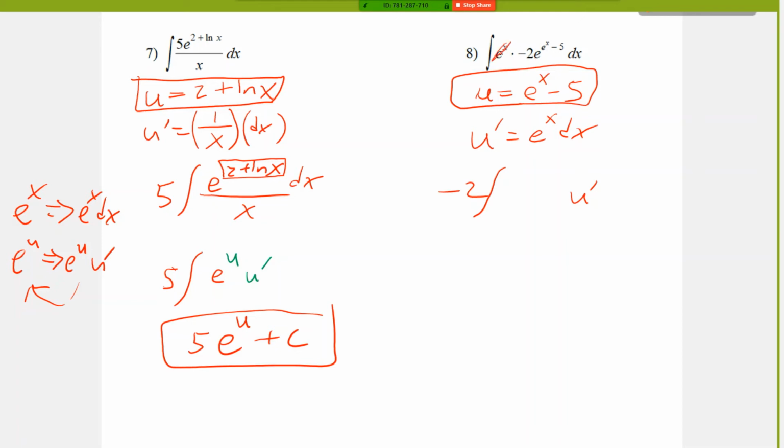So we've got e to the x dx that we just replaced with u prime. And we pulled out the -2. So what I'm left with right now inside the integral is e to the x minus 5. So I can rewrite that as what?